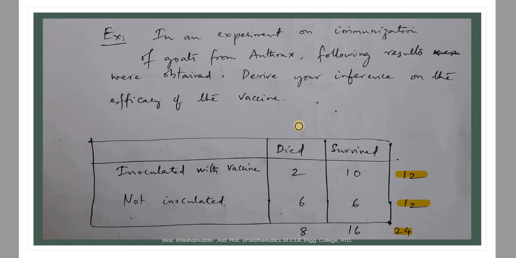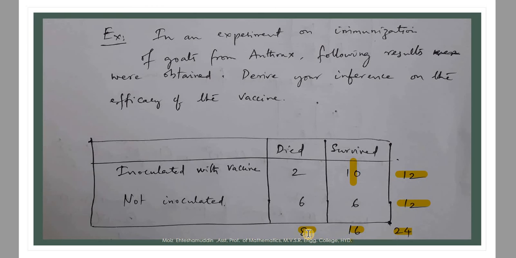But in the other way, if we categorize that particular 24 goats into two attributes, that is those which died and those which did not die, then died there are 8 and survived that is 16. Now this 10, please ignore this 10 highlighted.